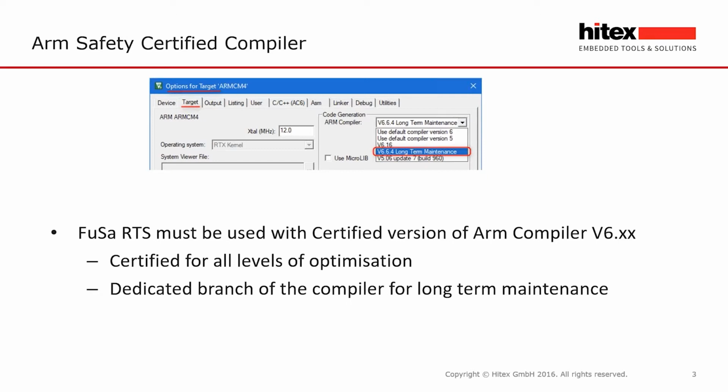So again, to use this system, you would also need the MDK Pro version, which includes the safety certified compiler. So this is a compiler that's under a long-term maintenance branch. It's a special development branch, and the compiler has also been certified to produce code at all its different optimization levels. So it gives you the full flexibility of the compiler as well.